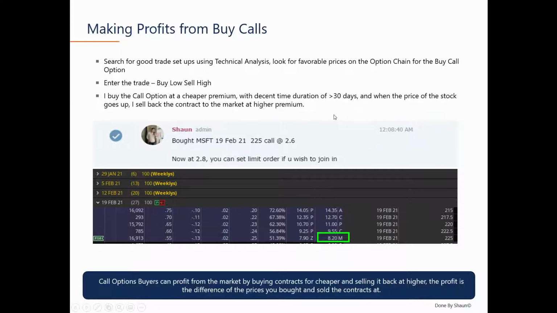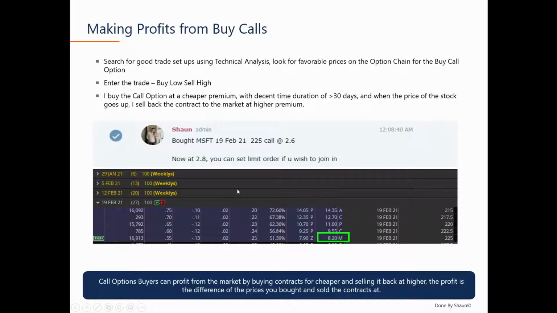If you see the slide, it shows a trade I did in January 2021. I did Microsoft. I bought a 19 February 21 call option with strike price 220, and I paid a $260 premium. So I have about 1 month from the day I entered the trade for it to go up.